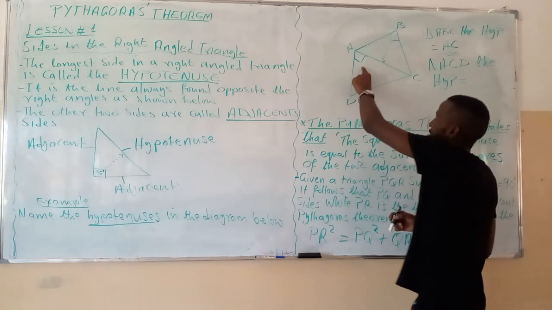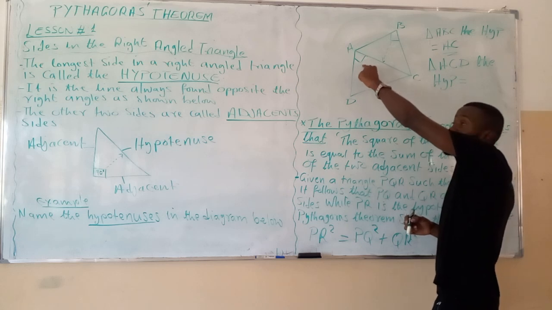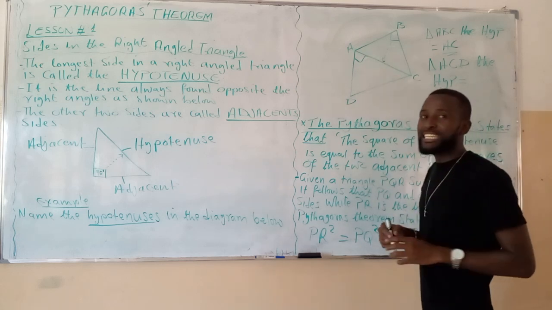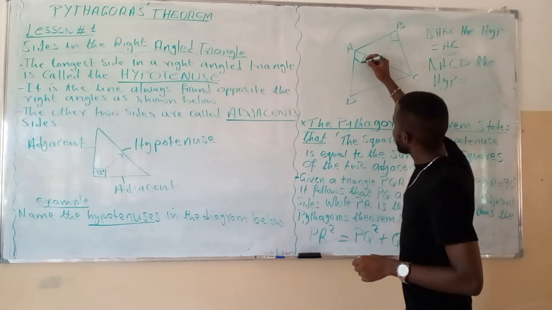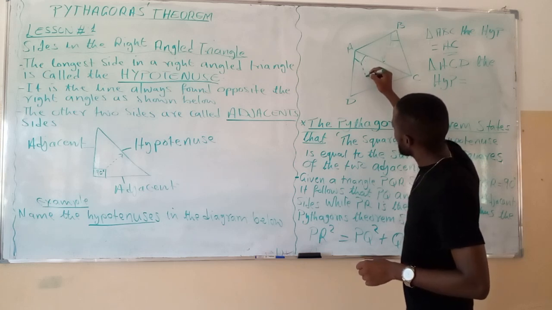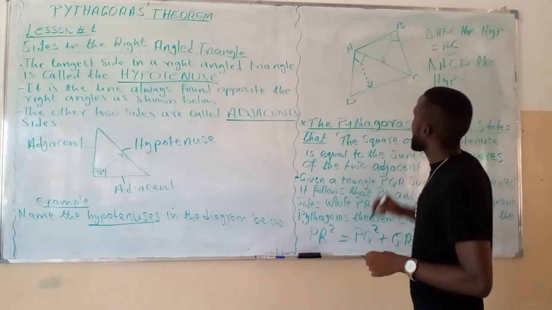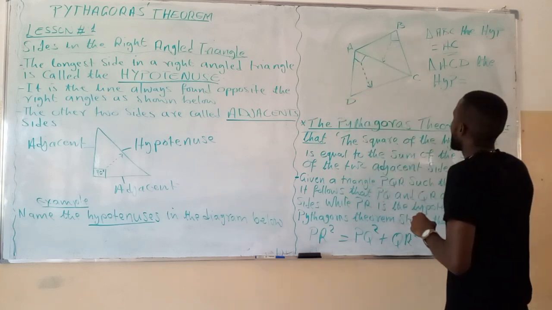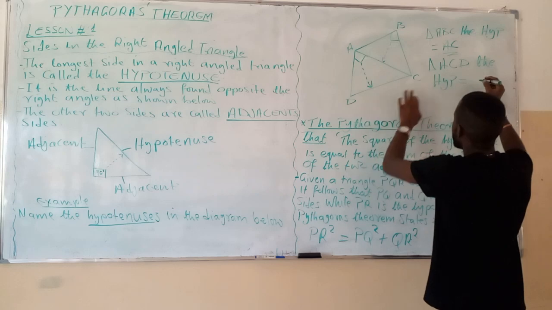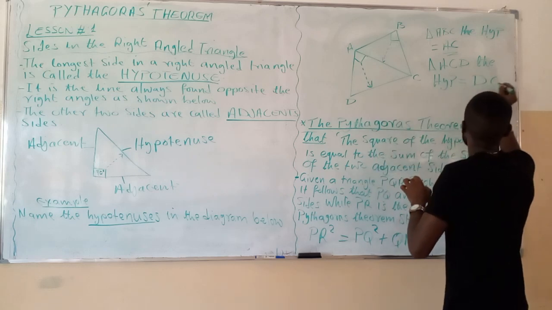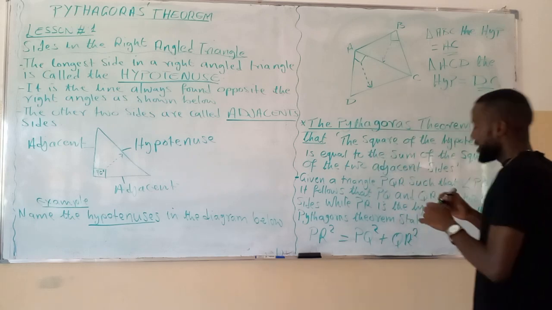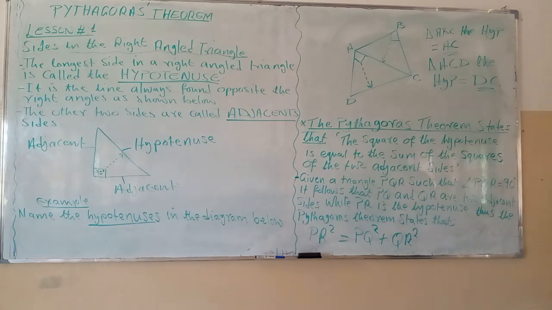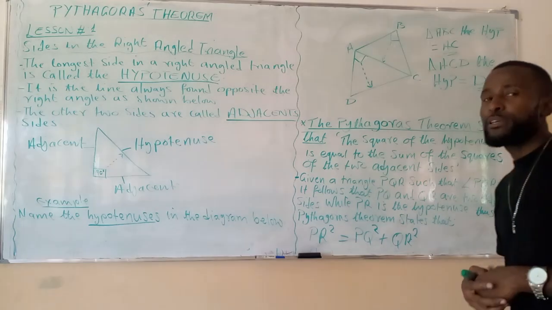Look at this length. This is how you know that this is a right angle triangle. The side opposite the right angle is what we call the hypotenuse. So for ACD, the hypotenuse is simply DC. D what? C. That is the hypotenuse. Hence we have identified that part. Hopefully this was very easy for you to answer.